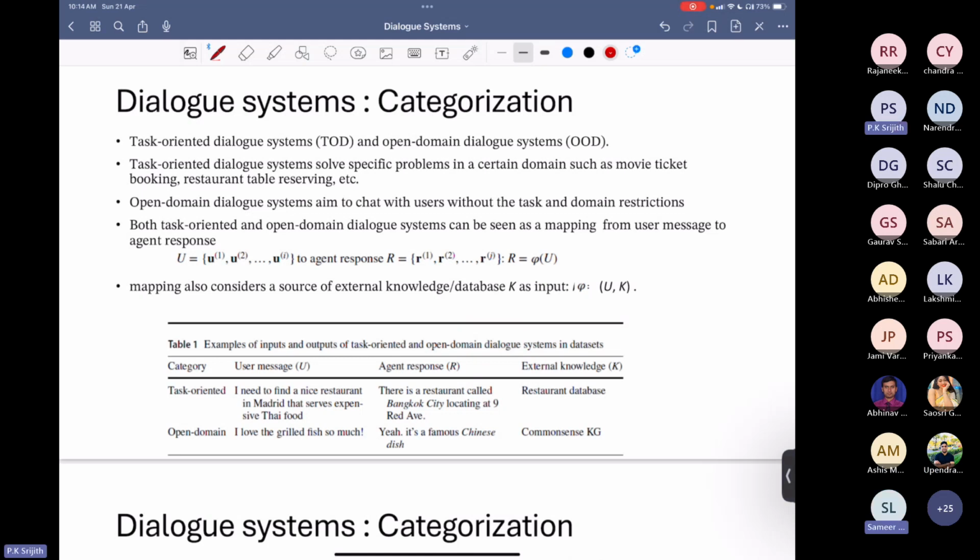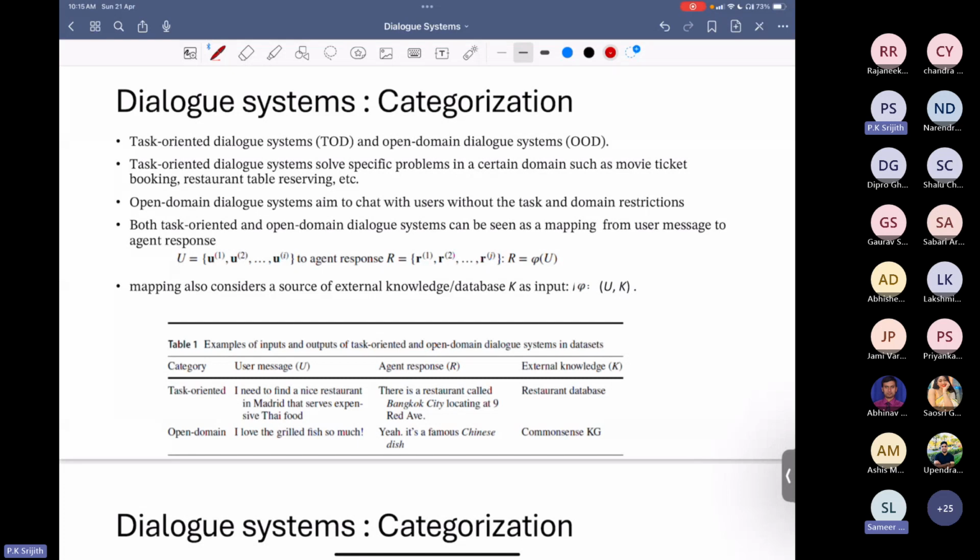Yeah. So a general categorization is task-oriented dialogue systems and open domain dialogue systems. The task-oriented dialogue system aims to solve some specific problem in some specific domain. One typical example is you want your conversational agent to book a movie ticket or reserve a table in a restaurant. You want your conversational agent to take those specific actions, or solve some specific task, like booking tickets for movies or reserving tables in a restaurant.